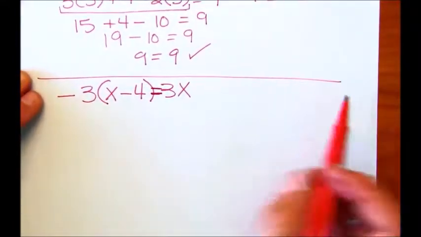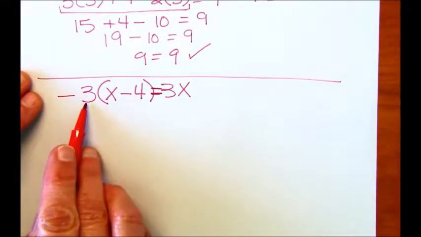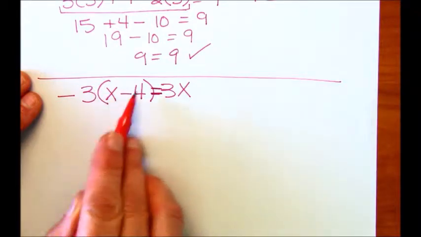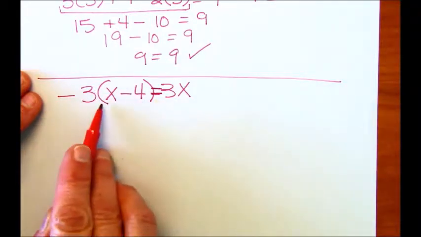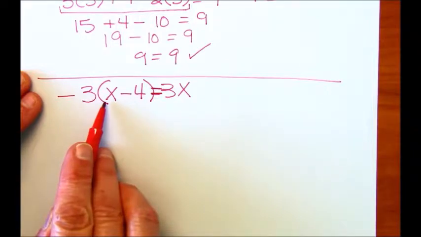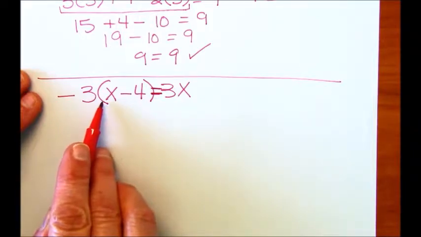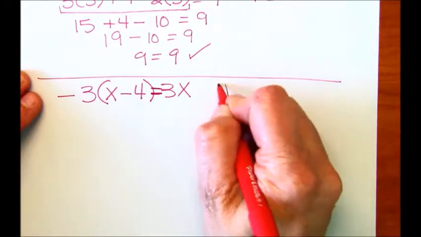In this case, because we have a number multiplied by a quantity within parentheses, we want to break up those parentheses or get rid of them. Instead of just throwing them out the window, we need to use the distributive property.